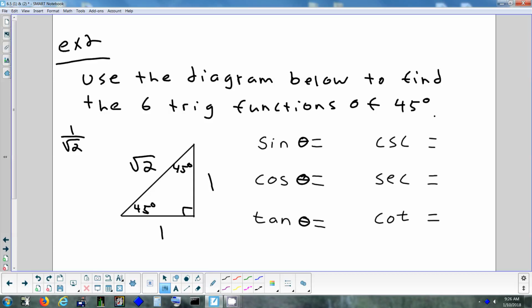It would be square root of 2 over 2. Yep. And Gracie, what about the cosine? Square root of 2 over 2. Yeah, it's the same thing, because opposite and adjacent are the same thing.